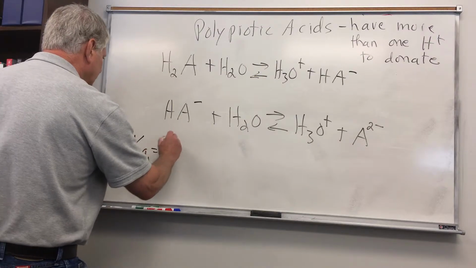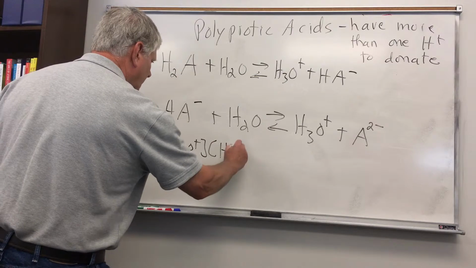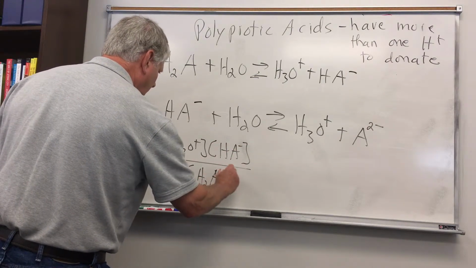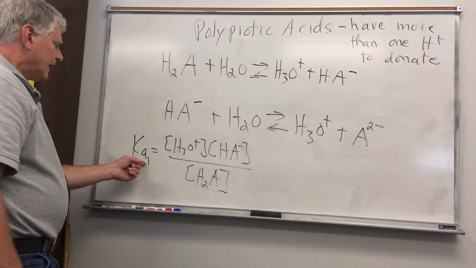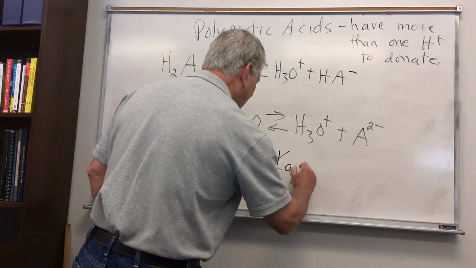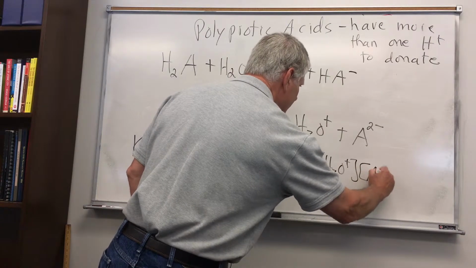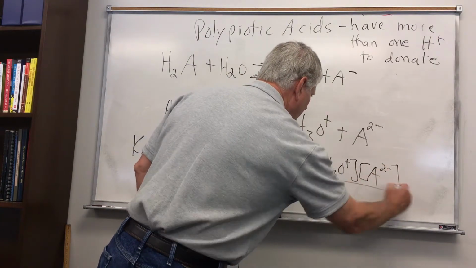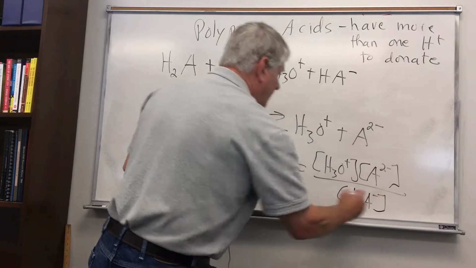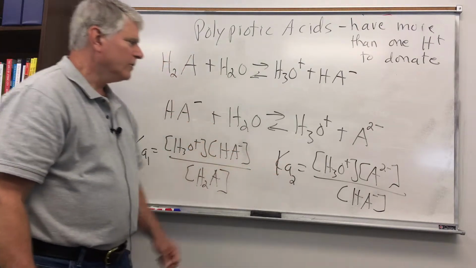So if we write these, this is the Ka for the first reaction, we call it Ka1, and this is for the second reaction, so we call it Ka2.